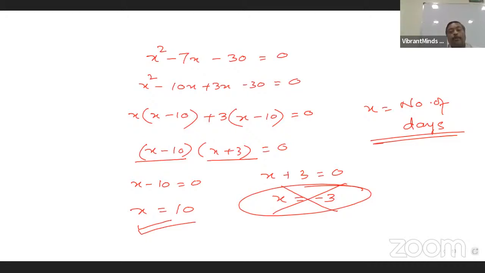Let's take another example. And it says efficiency of A and B are in ratio 5:8.